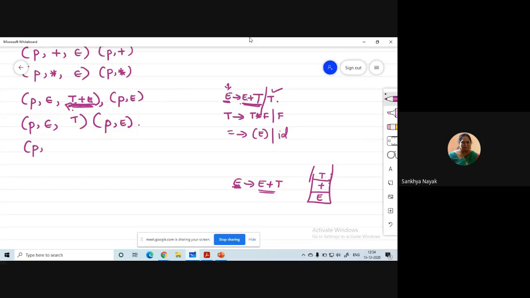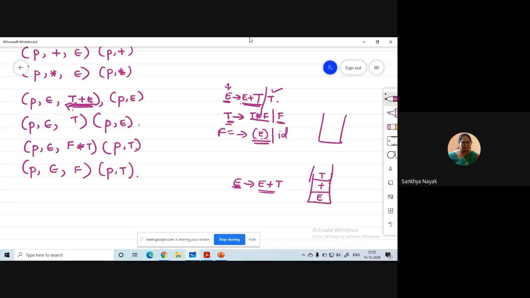Now you will replace F star T by T, and you will replace F by T. Okay, and you will replace this, that is open bracket E closed bracket.